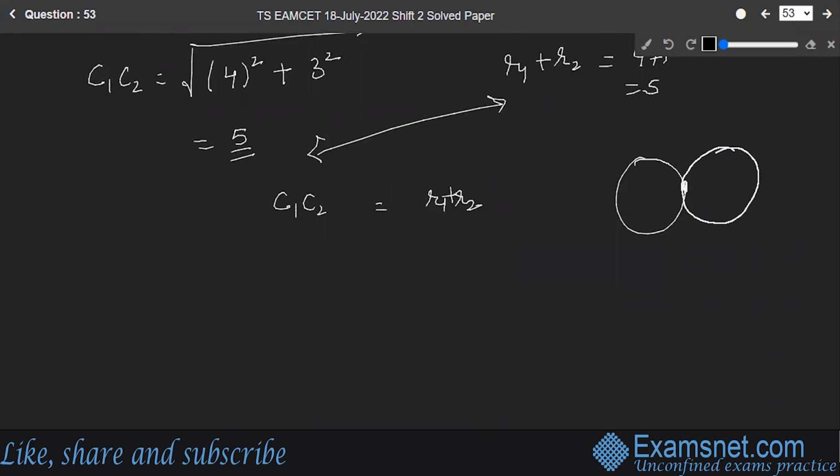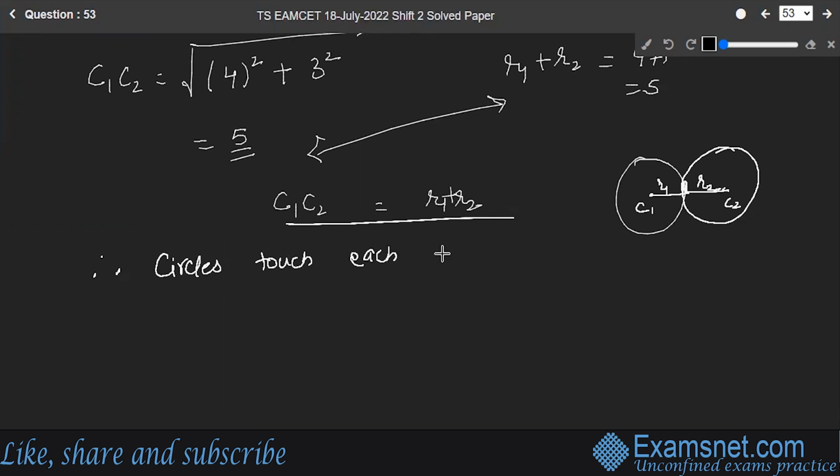So this is C1 and R1, and the second one is C2, R2. If these two are equal, that means the circles touch each other externally.